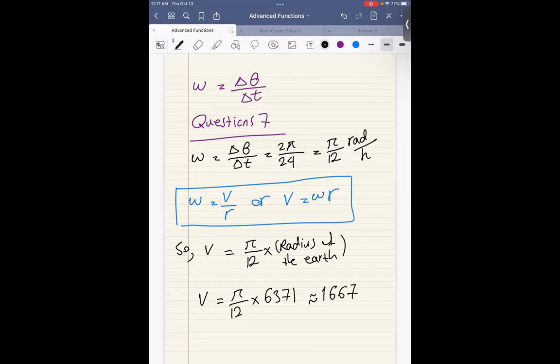And the units are kilometers per hour. That's the speed of the Earth that we experience just right now. Can you believe it? 1,000 kilometers per hour.